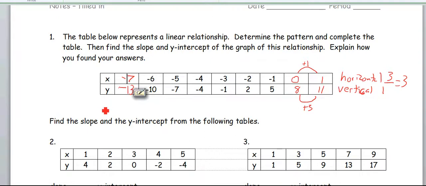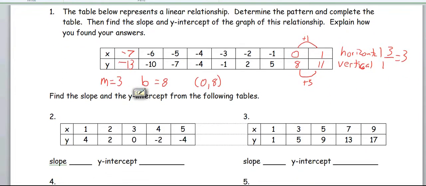So my slope, that is m, is 3. My y-intercept, b, is where x equals 0. It equals 8. Or I could put 0, 8 for a coordinate. Okay.